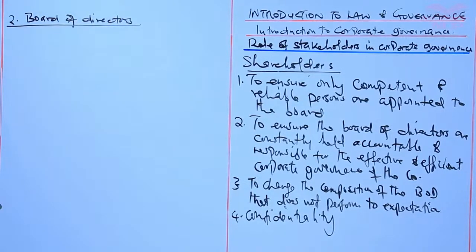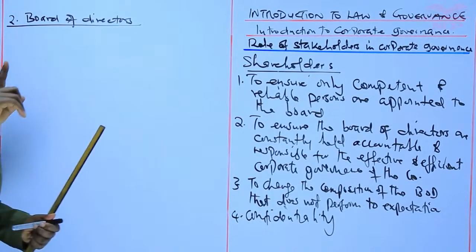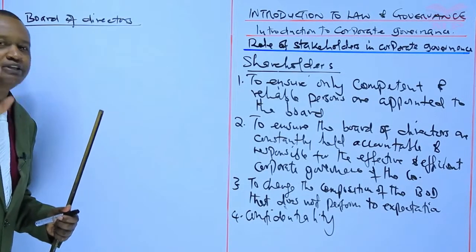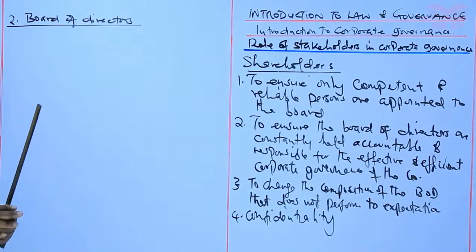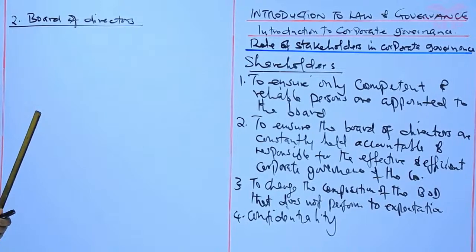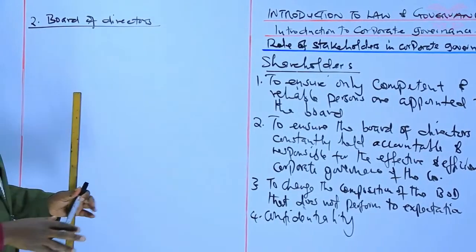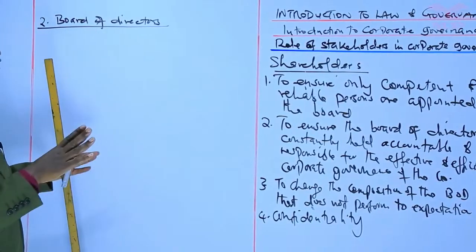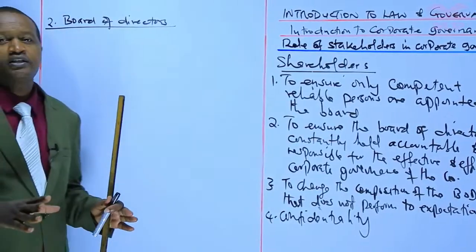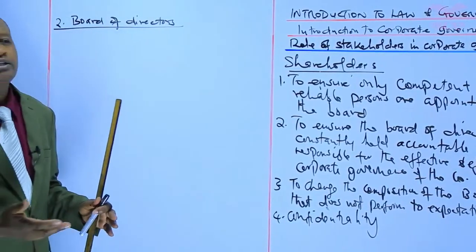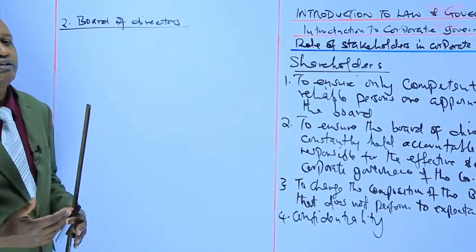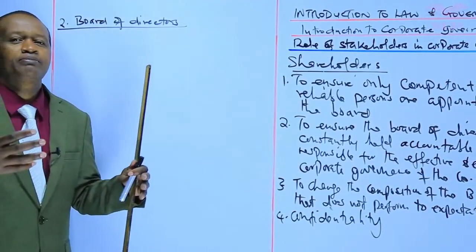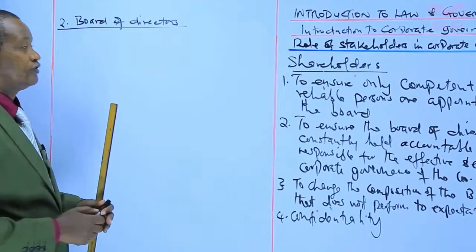Now, the board of directors exercise all the powers of the company subject to the limitations contained in the law and the memorandum and articles of association. That means that the powers, duties and responsibilities of the board of directors are limited to what the law says and to what is contained in the memorandum and articles of association.